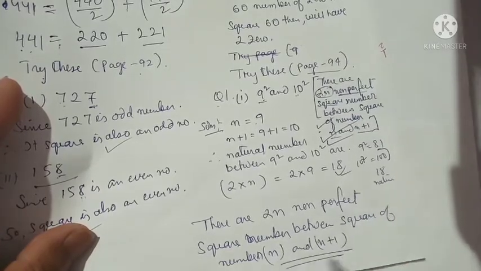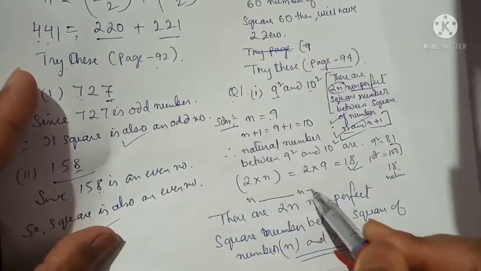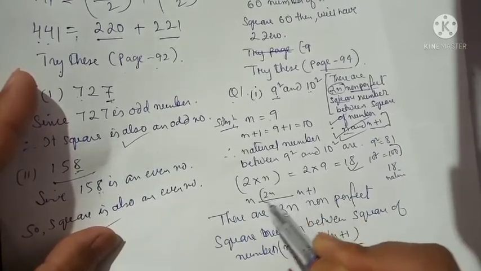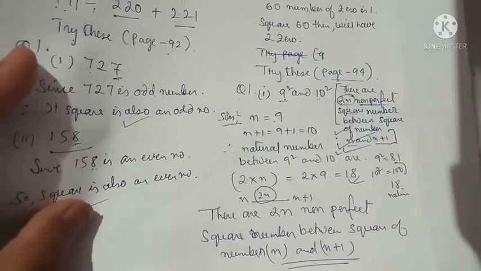This is a formula. In between n square and n plus 1 square, there are twice n non-perfect squares. Did you get my point?